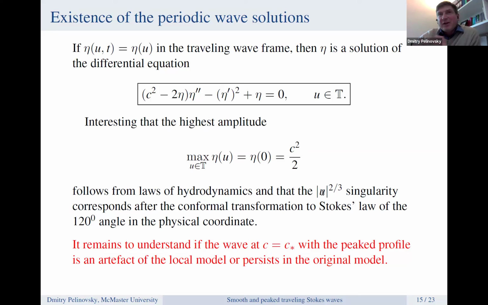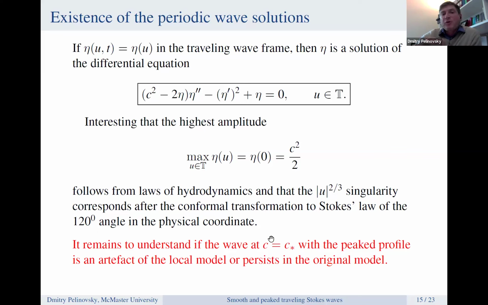Since u is a variable in the W plane and we use this analytical transformation, conformal mapping, but which is not fully conformal now because there is a singularity involved, still the singularity is unfolded precisely to give us a peak with 120 degrees. And so here, for the first time, we can see that maybe such things like a cusped wave, like a Stokes peaked wave, in the original Euler equations exist not just for one particular limit in wave speed, but for the whole range of the wave speeds.